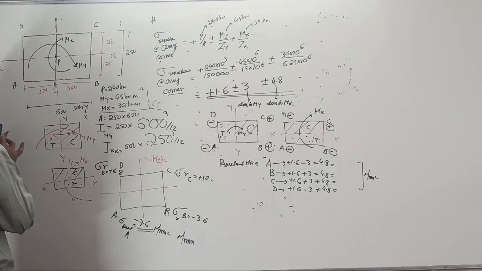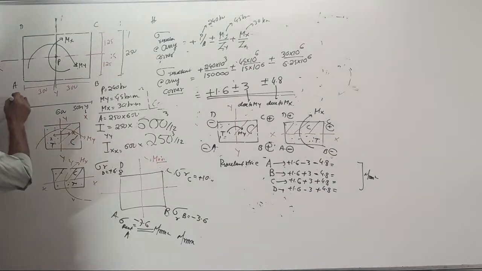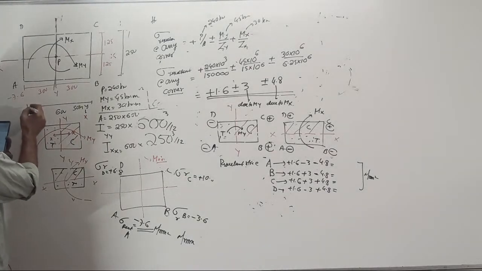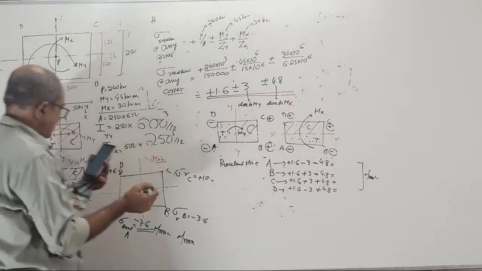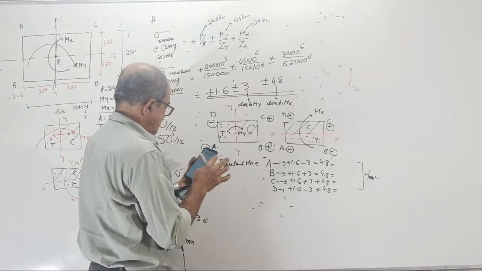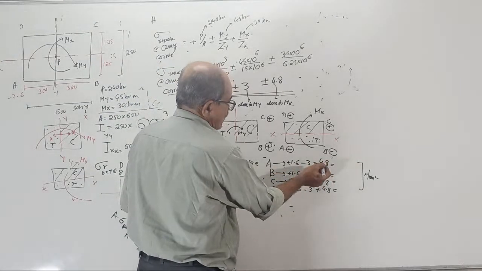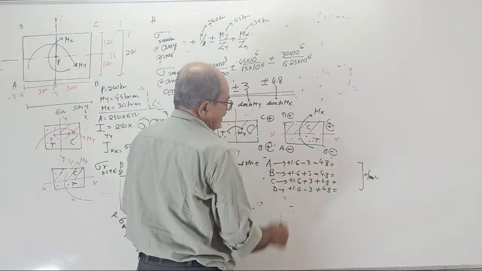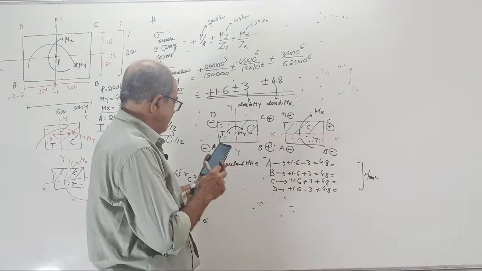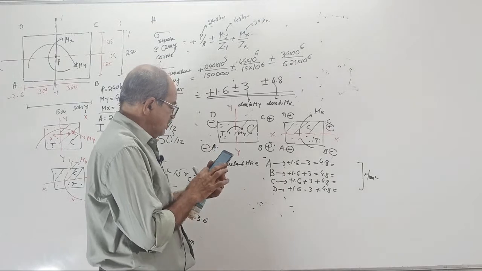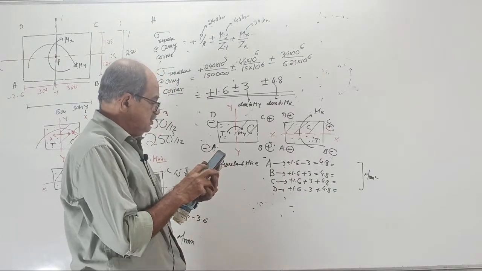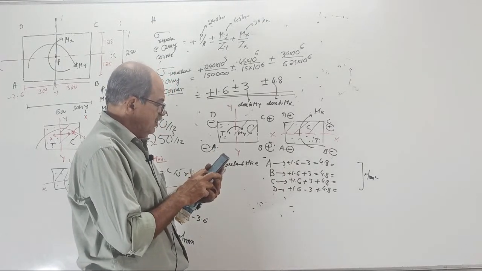In the beginning of the class A is minus 7.6. Okay, the answer is actually correct. How much is it? 4.8 and 3. 7.8 and 1.6. If you make mistakes this way, I have to close the class.